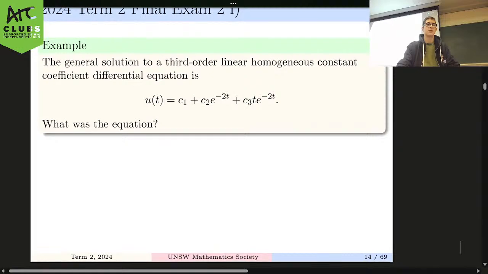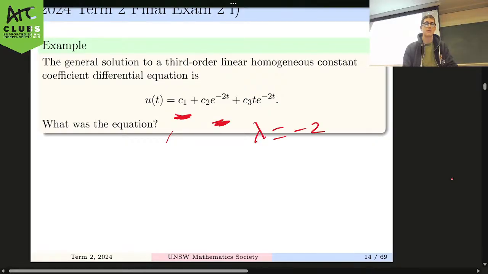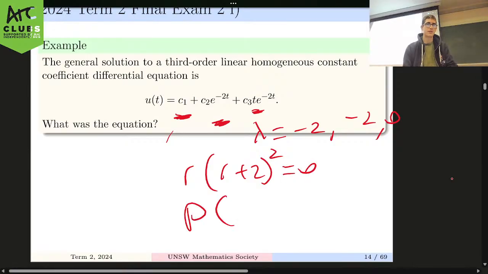And so we can use an example here, kind of working backwards. In this case, we have e to the 0 for this one, and then e to the negative 2. So lambda would be negative 2 for one, and then we're bumping that up by a t here. So another root would be e to the 2. So our characteristic polynomial would be this. And so our differential equation would be replacing the r's with d's, kind of moving backwards, this equation here.